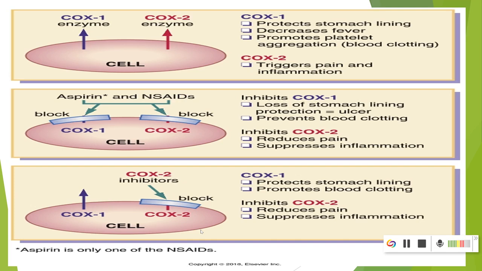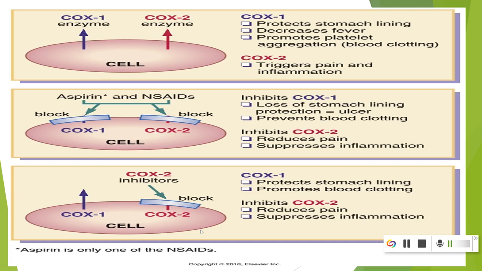And cyclooxygenase is practically found in all the tissues. Okay, and it helps regulate multiple body processes. So that is something that you need to keep in mind, because that will help you understand why we are using the drugs and then when we are using the drugs.